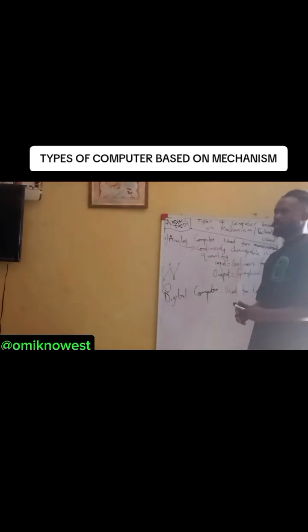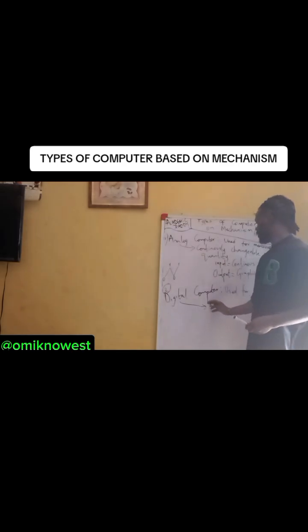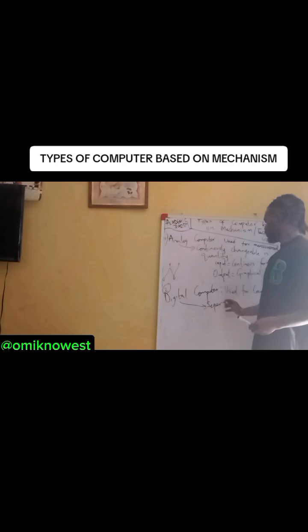So they take data or inputs in binary form. So they take inputs in digital form. Another word for digital is separate, or you say different, or you say zeros and ones.